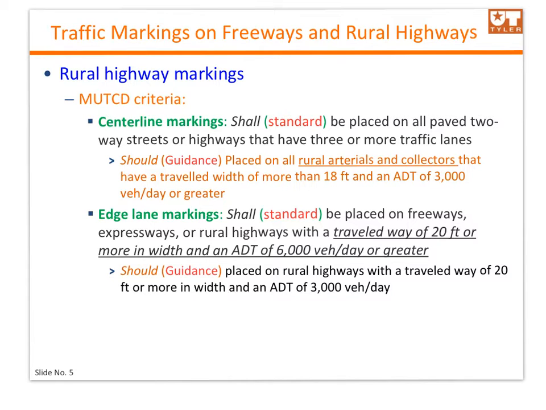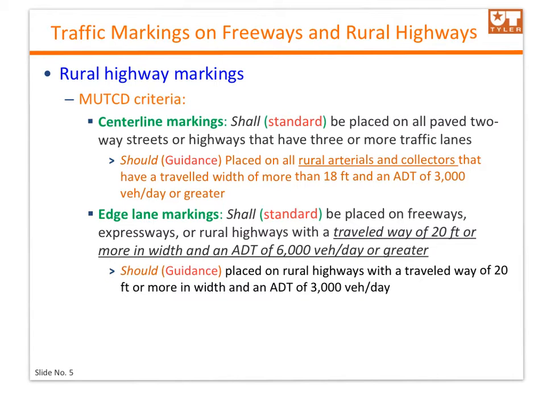So it's a standard having center line markings for all paved 2-way streets or highways that have 3 or more traffic lanes, and then it degrades from a must to a should, which is a guidance for all other rural arterials and collectors that have traveled widths of more than 18 feet and average daily traffic of 3,000 vehicles per day or greater. When it comes to the edge lane markings, it's also a must.